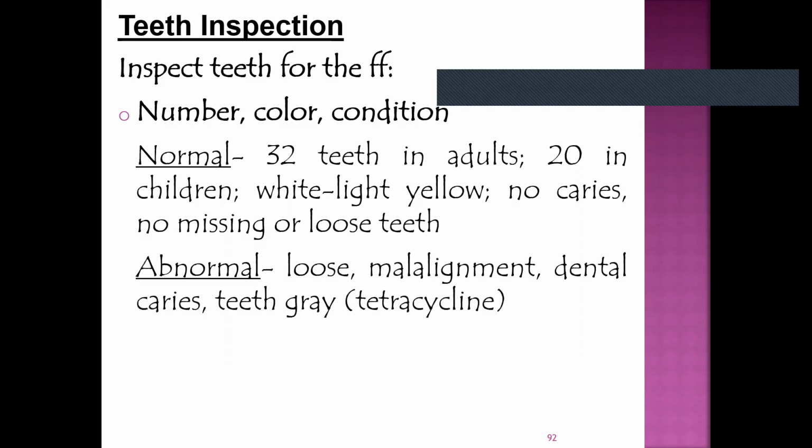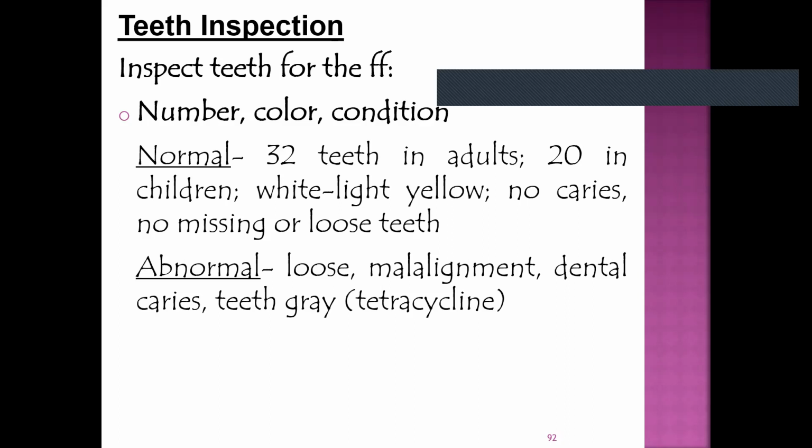What is abnormal is loose teeth, malalignment of teeth, dental caries, and gray teeth from tetracycline. Way back before, we were using silver for covering caries, but now we're using the white ones, which are less toxic.